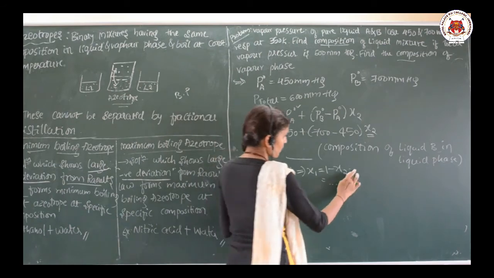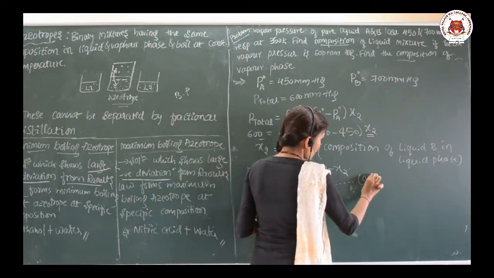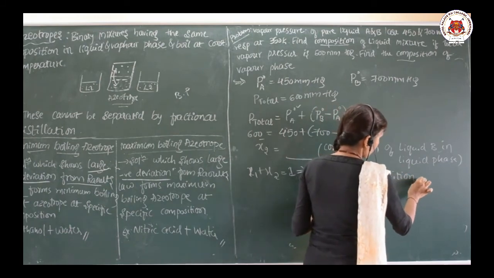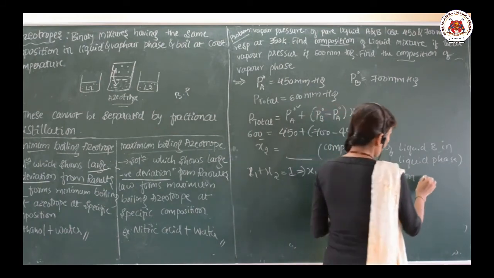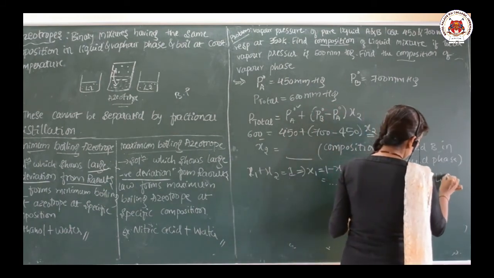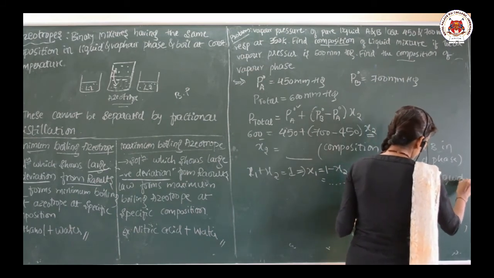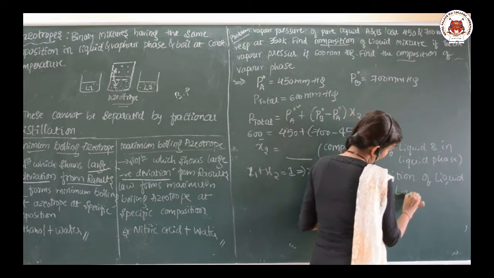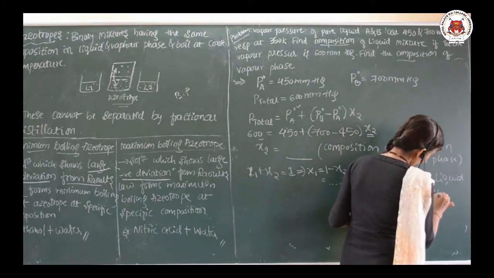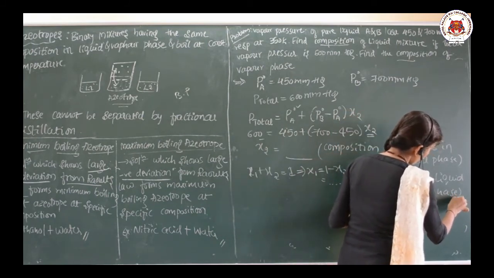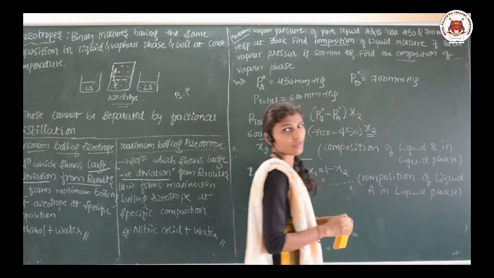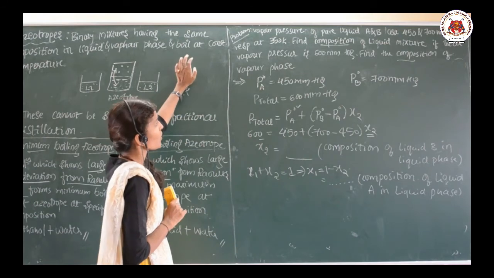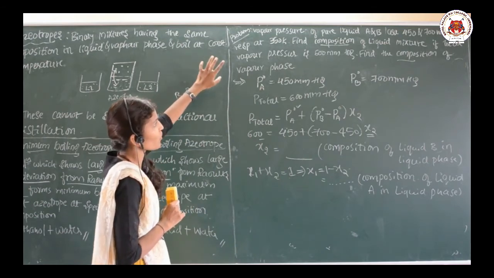X1 is the composition of liquid A in liquid phase. Okay. So the question is to find out the composition in the liquid mixture if the total vapor pressure.